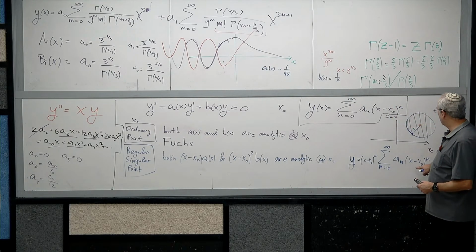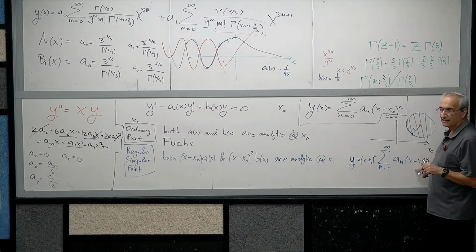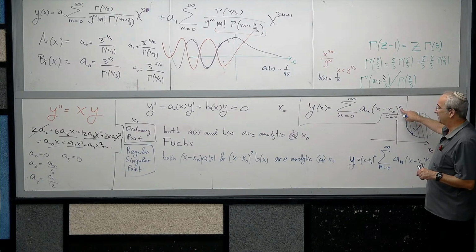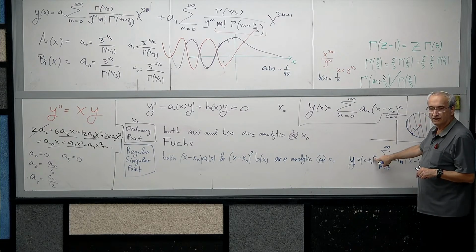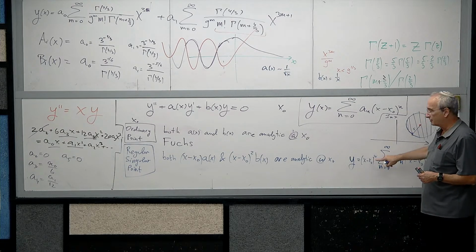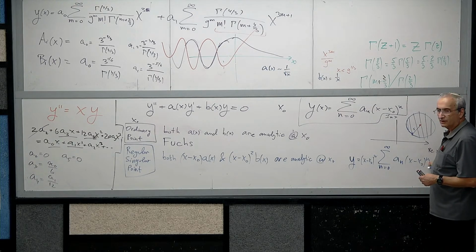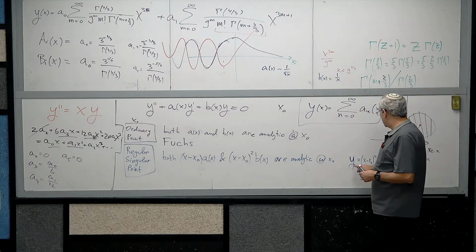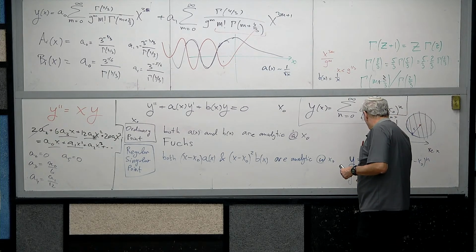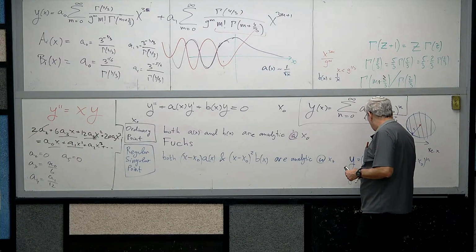So the point is you have the same thing, but the exponent is not an integer anymore, because you have this alpha. So if alpha is 1/2, for example, then you have square root of x and x to the 3/2 and so on and so forth. This is one solution.